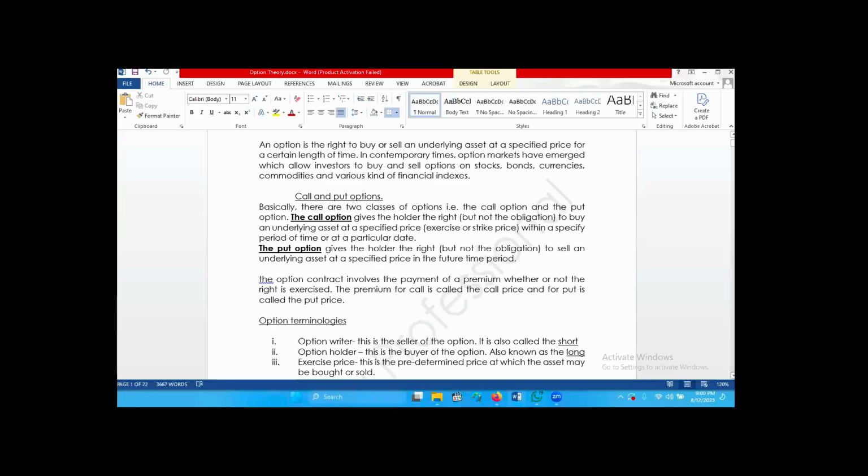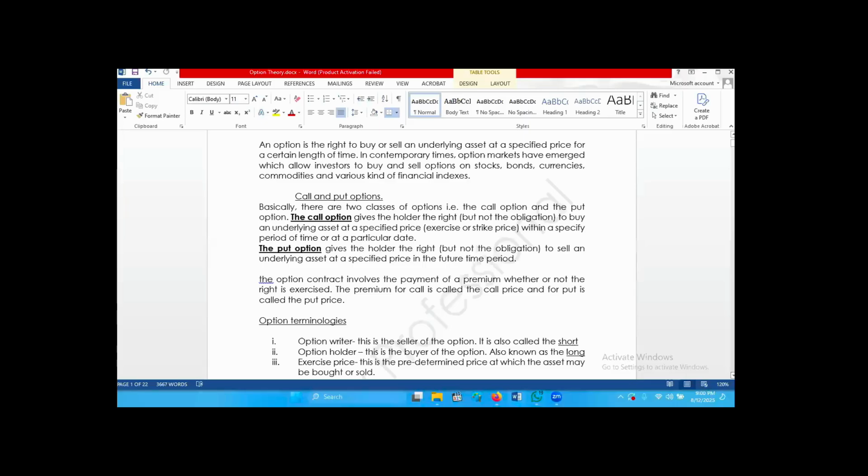Option premium is the amount paid by the option buyer and received by the option seller.